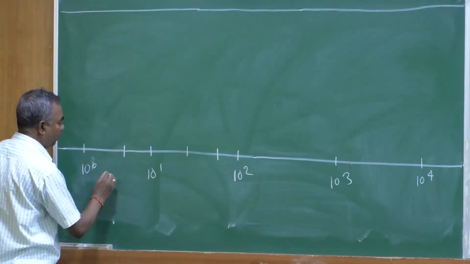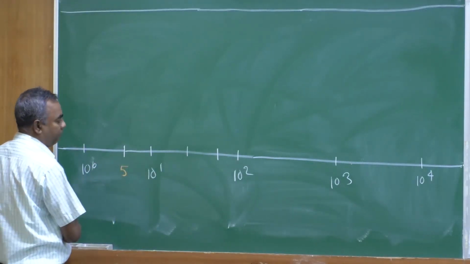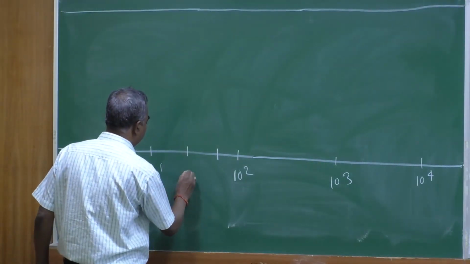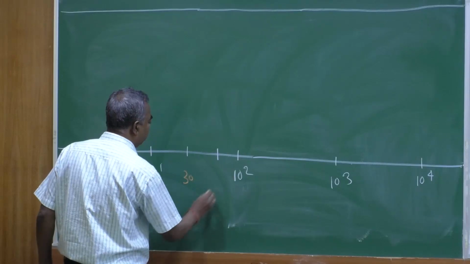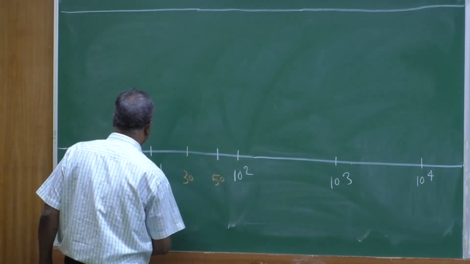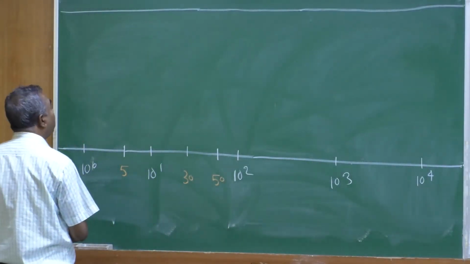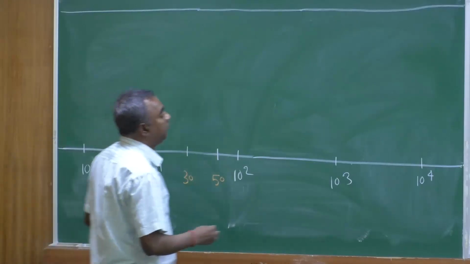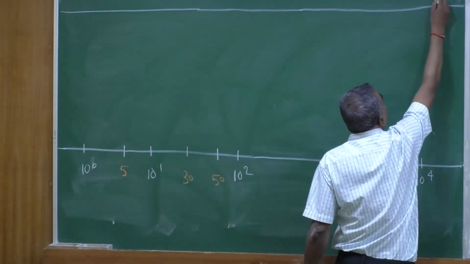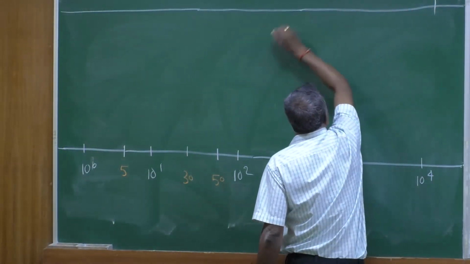This is your y plus 5, this one is your y plus 30, this is your y plus 50. And this one, let us say, y by delta.